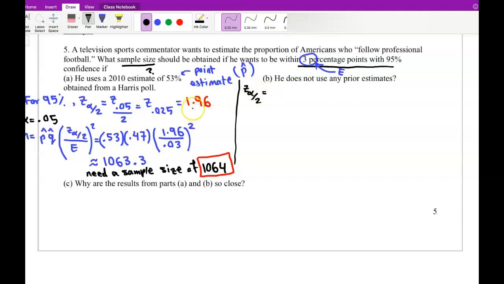So Z again is, so this part is repeated, Z is 1.96. And P hat Q hat is 0.25. This is because we don't have any information about P hat.